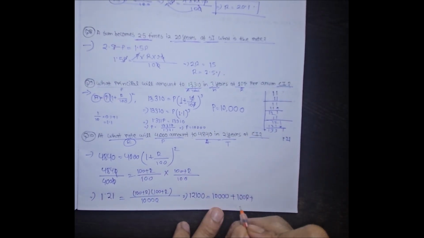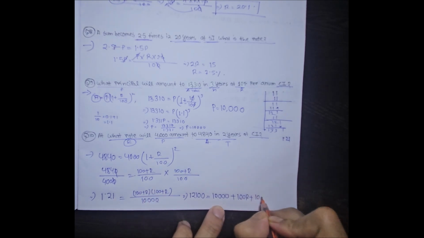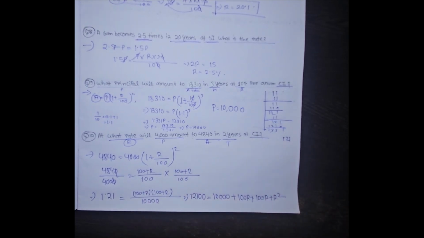plus r into 100, that is 100r, plus r square, right?